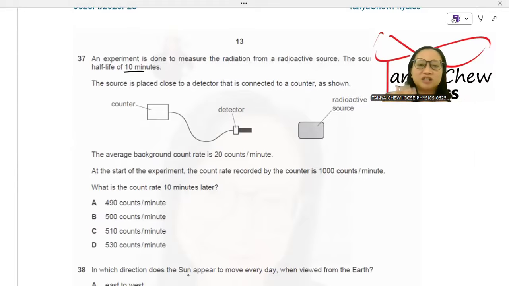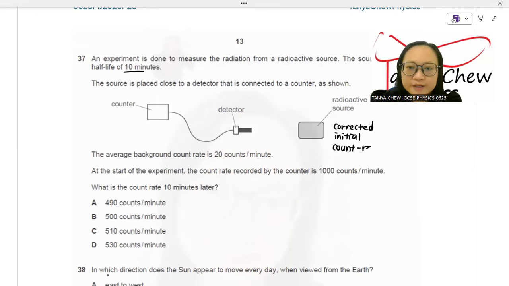First of all, the detector is not selective. As long as there are background radiation, the detector will still detect it and give rise to the reading on its counter. So since this is a half-life of the radioactive source and the background radiation is counted, you need to find the corrected initial count rate.